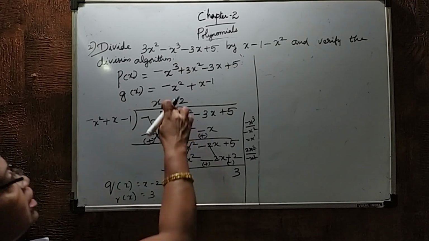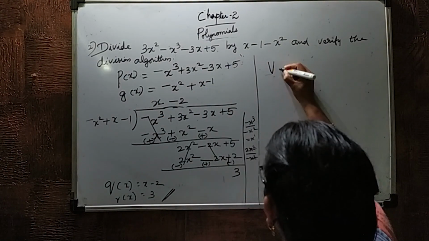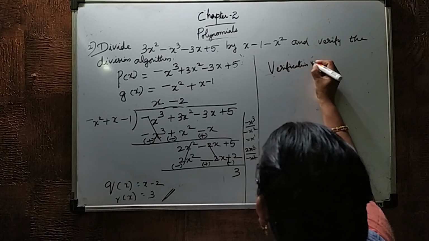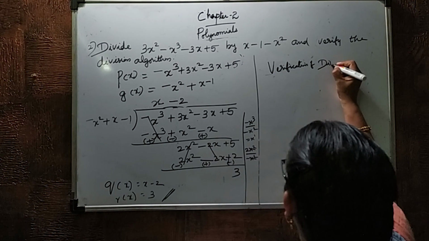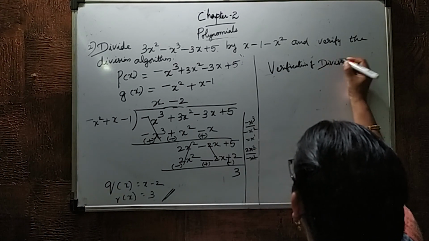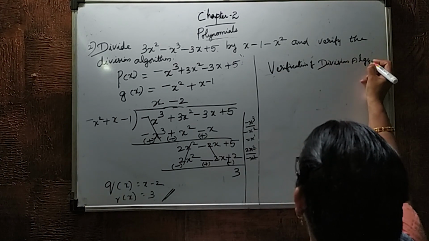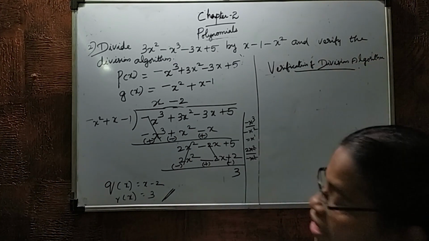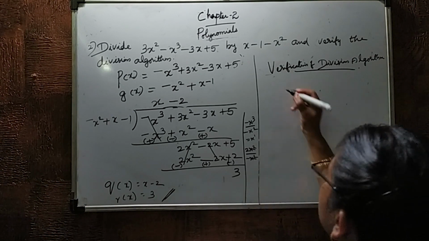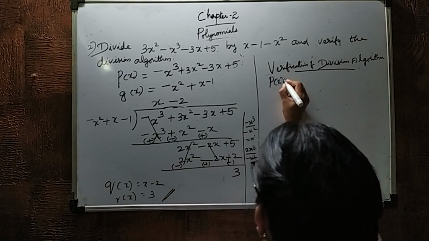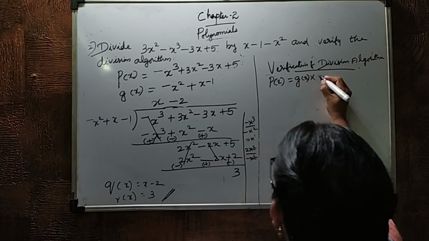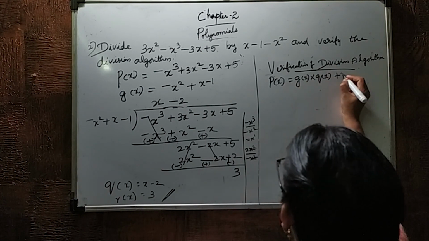Now there is verification. So verification of the division algorithm. What is the verification of the division algorithm? You have to verify that P of x is equal to G of x into Q of x plus R of x.